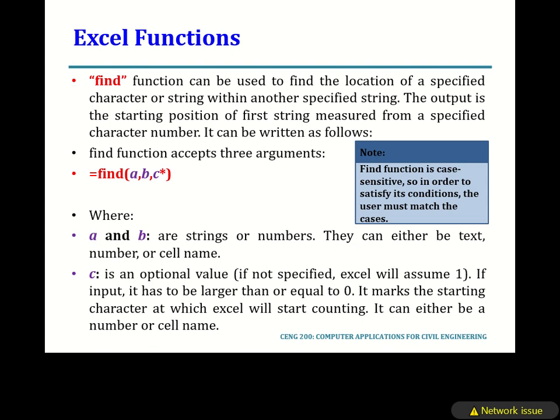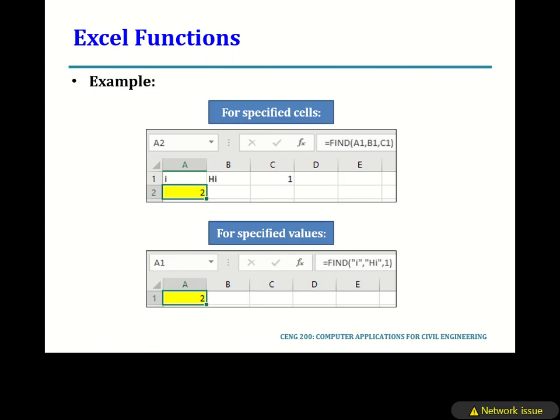What is this doing? It is finding the location of a specified character within the string. I think I will show it with an example. Again, the function is case sensitive. So if you put A in capital letters, it will find the location of A where it appears in capital letters.